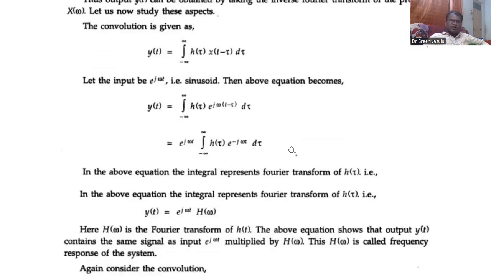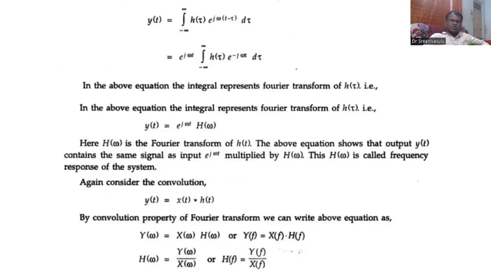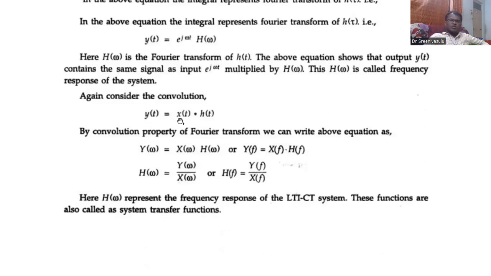It is nothing but the transfer function of the system, nothing but frequency response. So this h of omega plays a very important role in signals and systems. So you see, y of t is equal to convolution of x of t with h of t, and then if you apply Fourier transform, convolution in time is multiplication in frequency. So it can be written whether it is in omega or in f.